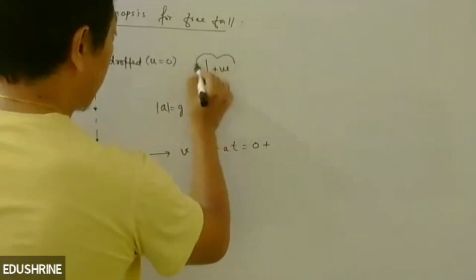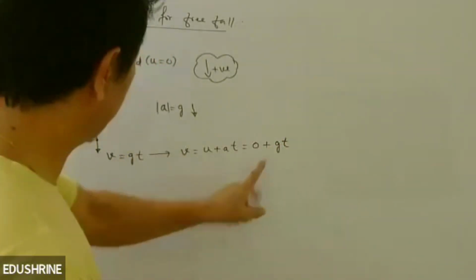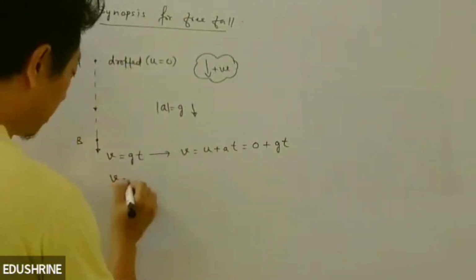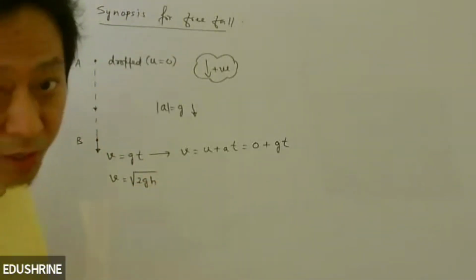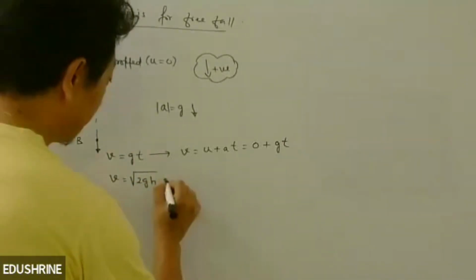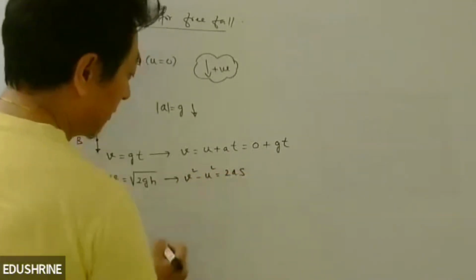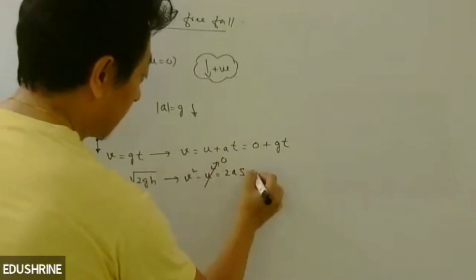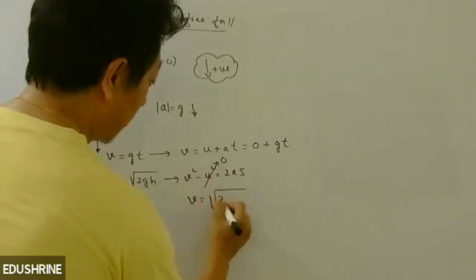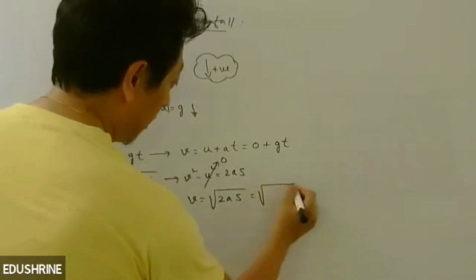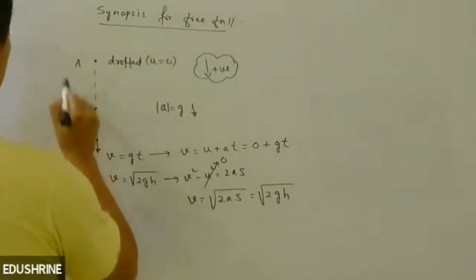When body comes down, I take down positive. So a is g. So what is v? gt. One more formula is root over 2gh. How did it come? v square minus u square is 2as. Initial velocity is 0. So velocity will be square root of 2as. a is g, displacement is, let us say, h. This is h.